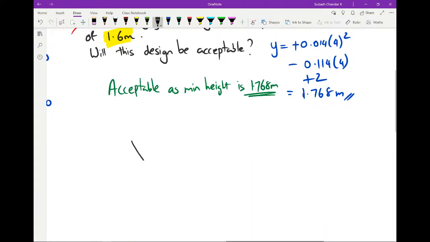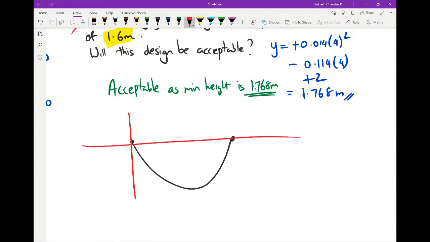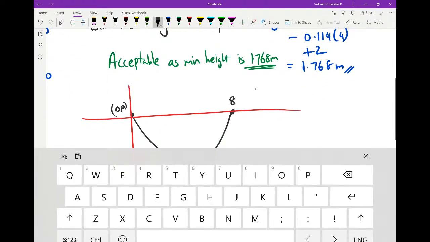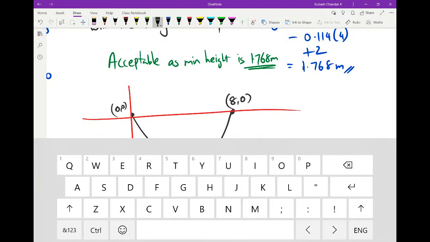So see how the diagram looked like this, right? So for the vertex form, what I would do is I'd actually put like this. So that becomes 0, 0. That becomes 8 and 0. All right.